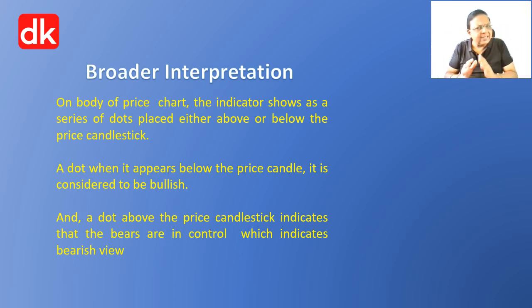So friends, is it that simple? By looking at the price chart itself, you can immediately say whether at this point of time the price is trending up, the momentum on the upside is higher, or the momentum on the downside is higher. However, when we apply it together with other studies, accuracy would be phenomenal.